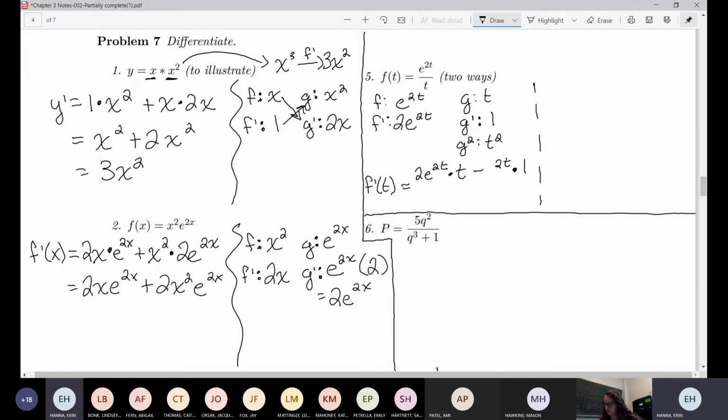Again, once we get going on these for a while, I'll stop writing that kind of extra stuff. But for now, I'll put it in there. And then divided by g squared. Now, hold on for just a second.